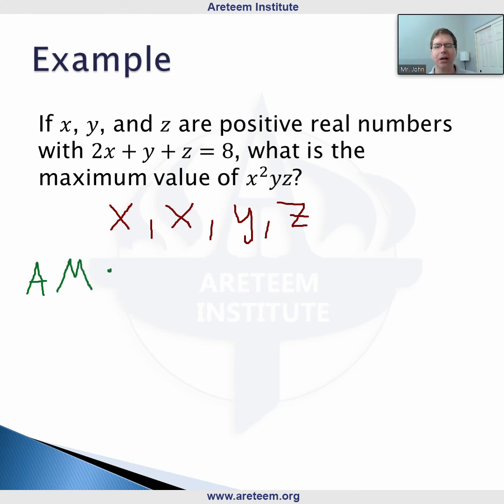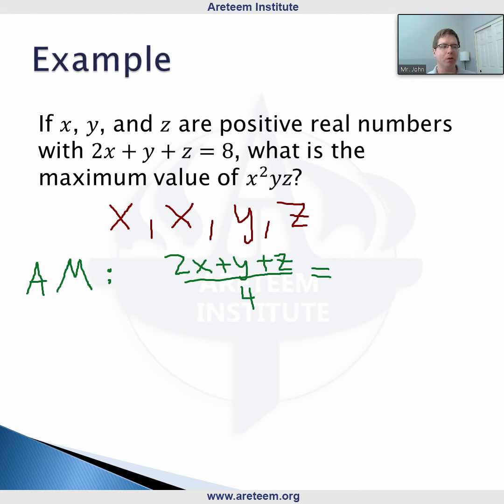So what is the arithmetic mean in this case? The arithmetic mean is the sum of these numbers, x plus x plus y plus z, so 2x plus y plus z, divided by 4. Now, before we write out the geometric mean, notice that this is actually something we can calculate.